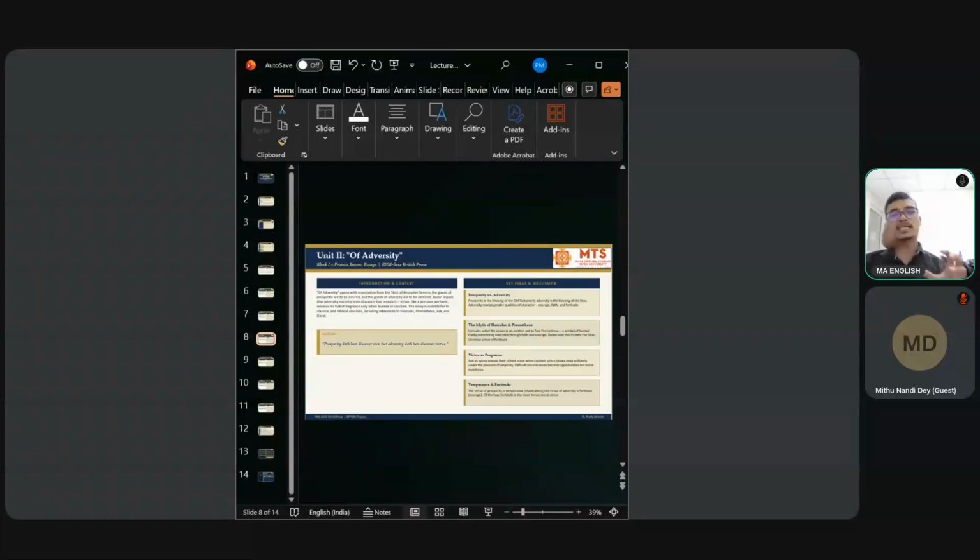Secondly, Prometheus himself is a figure who suffered endlessly, chained to a rock and tormented daily for the benefit of all humanity.